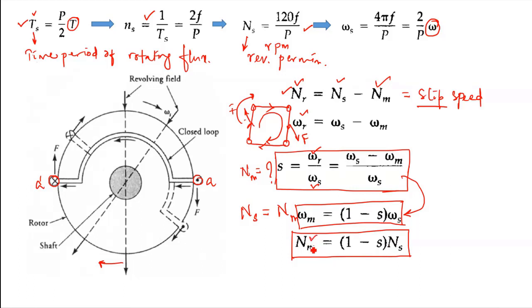Where Nm is the speed of the rotor where the coil is placed, s is the slip, that is the ratio of the relative speed to the speed of the rotating field, and ns is the speed of the rotating field in RPM. So this is in RPM, this is in radian per second. Okay, the units are important, right? Sometimes we also mention it in RPS, that is Nm equal to 1 minus s into ns.